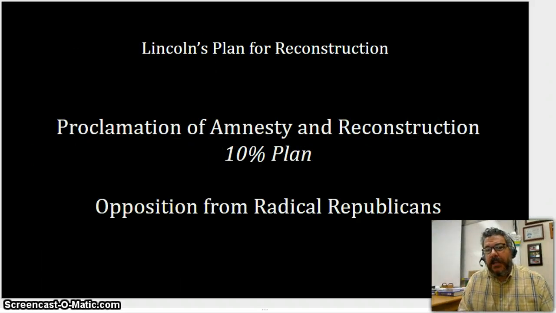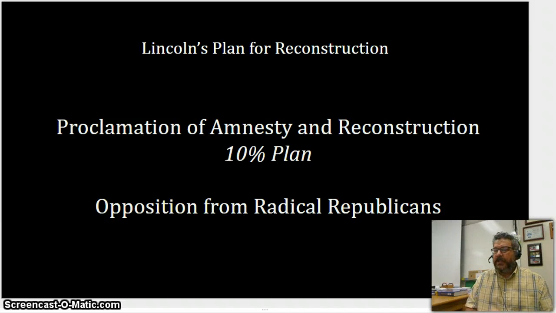So Lincoln's going to come up with what will be the beginning of Reconstruction. It's going to get the ball rolling. Lincoln's plan for Reconstruction is the proclamation of amnesty and Reconstruction that he puts forth in 1865, and it comes to be known as the 10% plan.